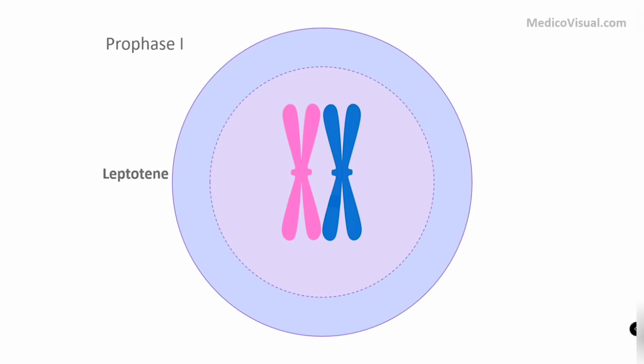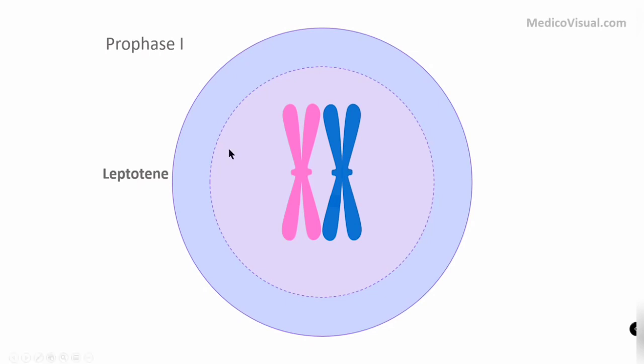Before cell division starts, the genetic material, the DNA, is in the form of thread-like structure called chromatin, right? But when cell division starts, when prophase starts, it further condenses to form chromosomes. So chromosomes are a further supercoiled form of chromatin.